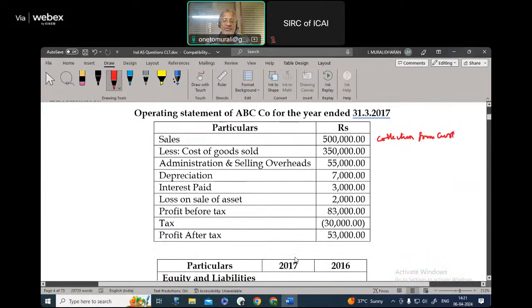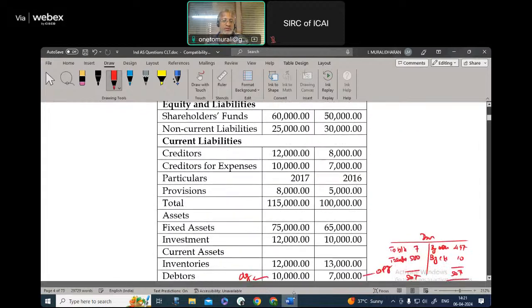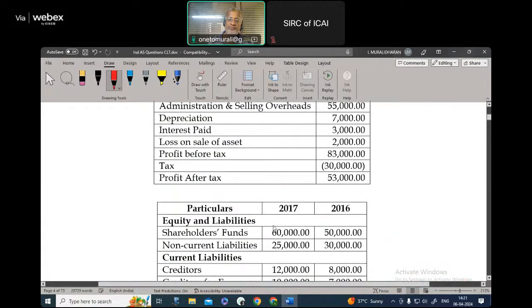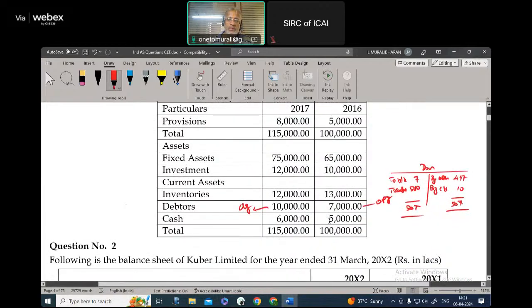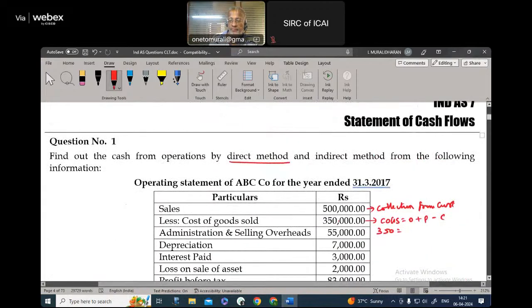So next one is cost of goods sold. From cost of goods sold, we will be finding out purchases. So cost of goods sold is equal to opening stock plus purchases minus closing. So we know opening 13, closing 12. 350 equals opening 13 plus purchases minus 12.